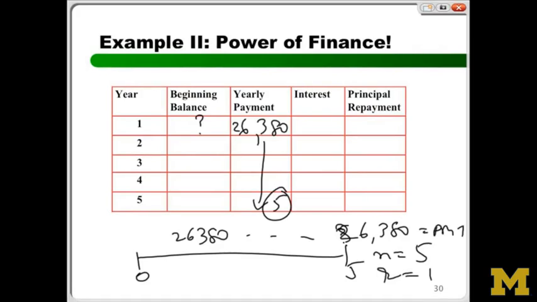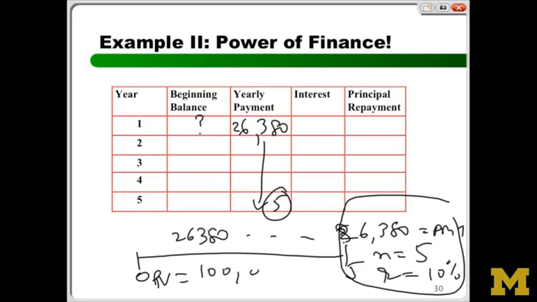R, which is what? 10%. If you do this problem, what button do you need to press, or what execution in Excel or a calculator do you need to do? Well, to figure this out, you have to figure out PV. Please do it. I wish your answer will work out to be 100,000, right? We know that.